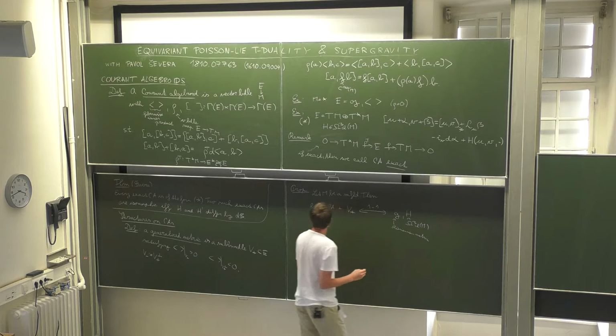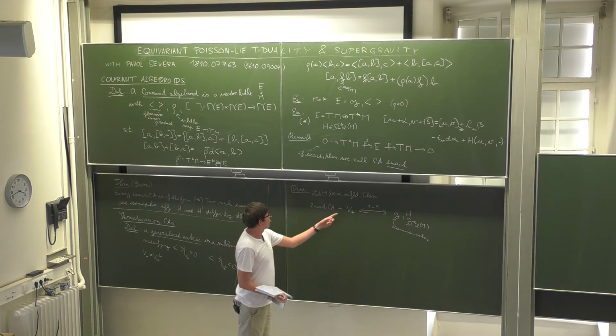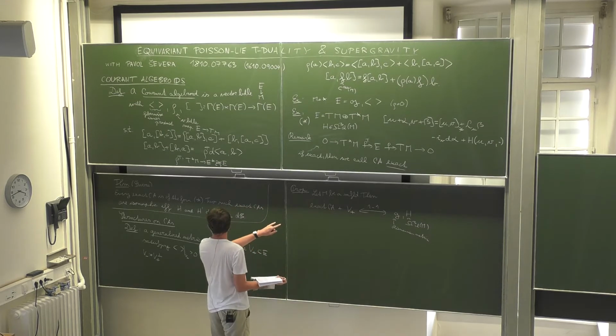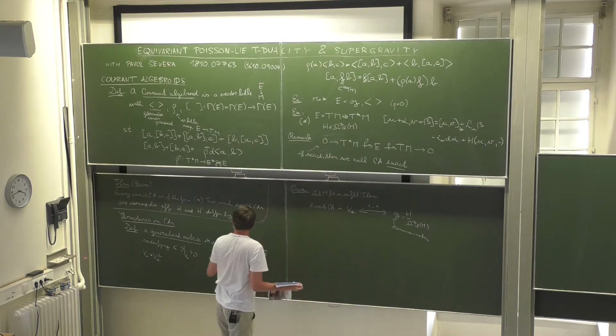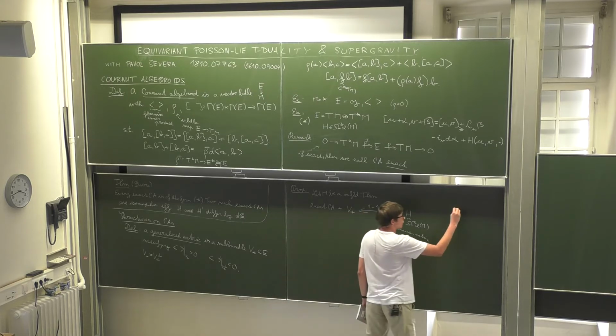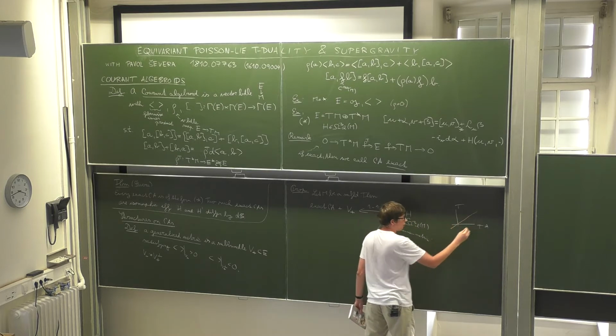I won't go into the proof of this, but basically the idea is that if you have an exact Courant algebroid, then you can see it as T plus T star, and therefore V+ with these properties will look somehow like this.